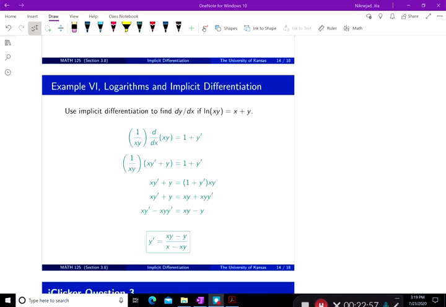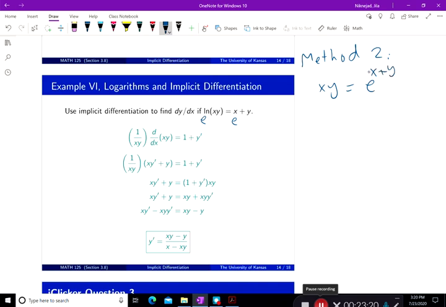Method 2 of solving the same problem. Raise e to the power, and it would be xy is equal to e to the power x plus y.